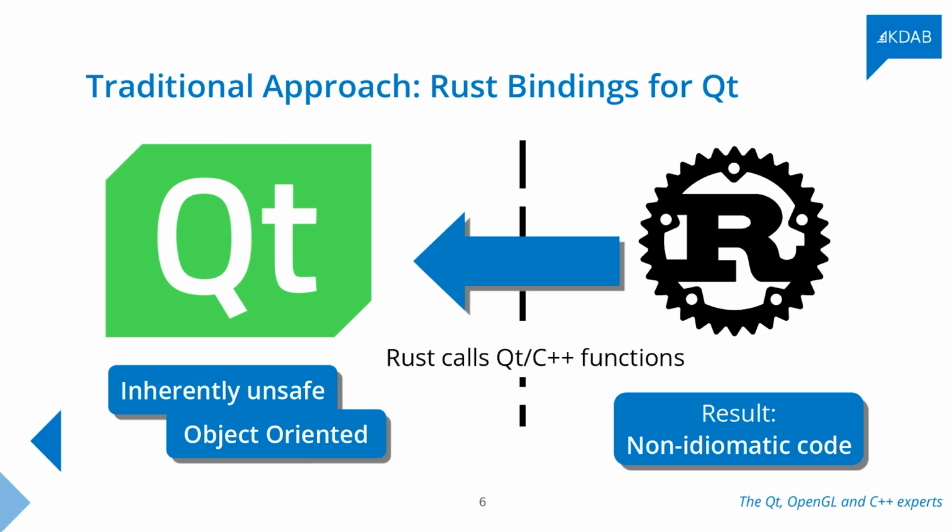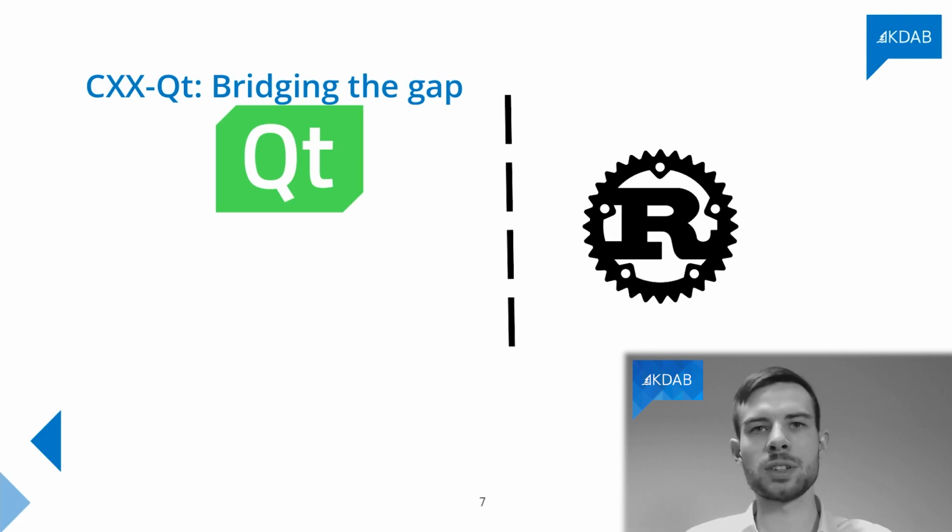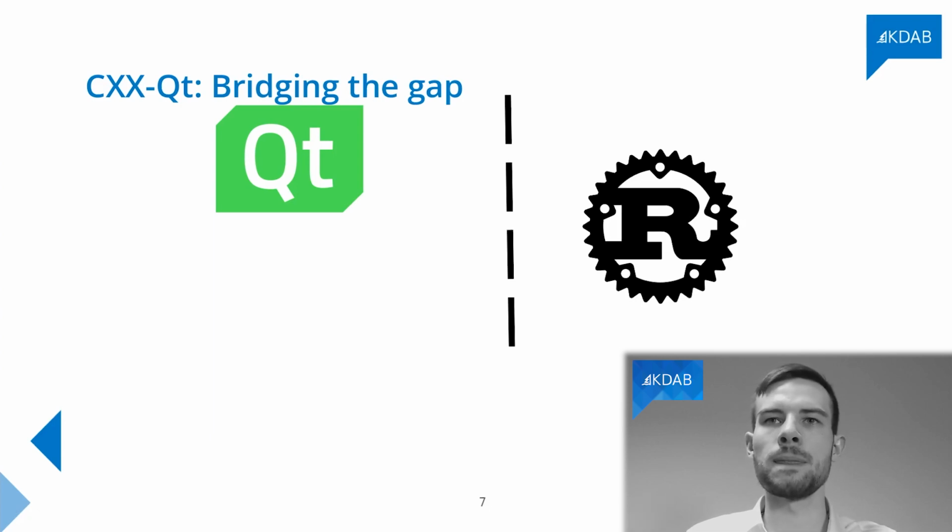So how do we get around this problem? Well, here at KDAB, we've built this new library called CXX-Qt, which builds on top of existing work that doesn't just allow Rust and Qt to interact, but Rust and C++.